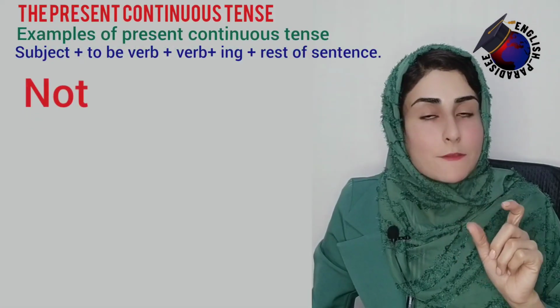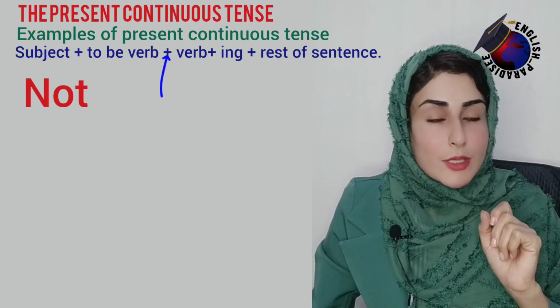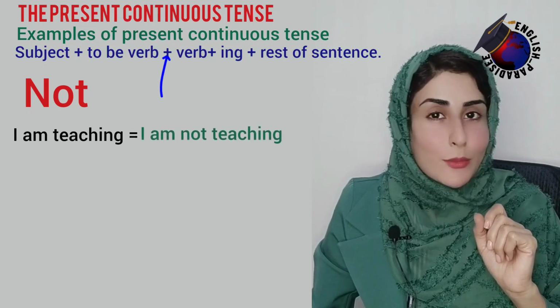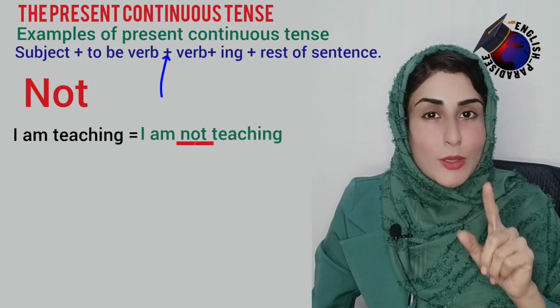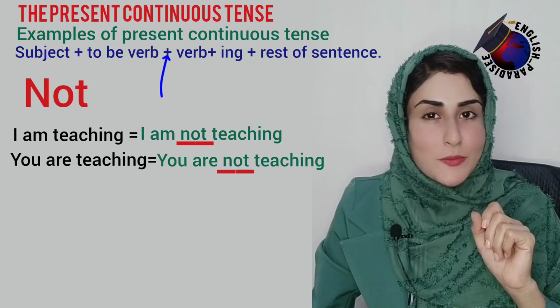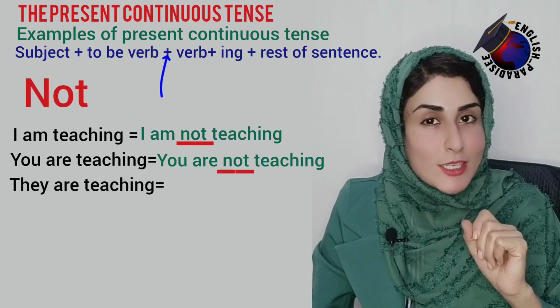To form the negative of present continuous tense, just add not after to be verbs. For example, I am teaching. I am not teaching. You are teaching. You are not teaching. They are teaching.